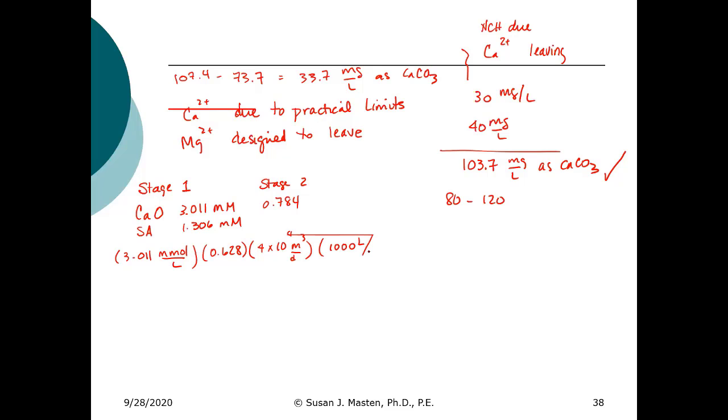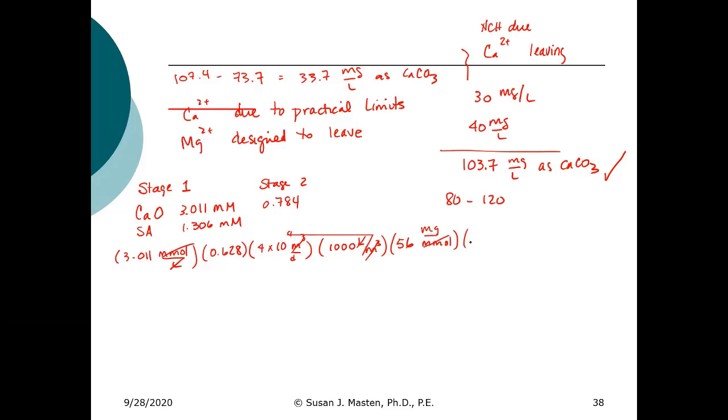1,000 liters per cubic meter. So liters cancel, meters cubed cancel. We'll multiply by the molecular weight of calcium oxide, and typically that's what we will add is calcium oxide. And I've written this as milligrams per millimole. So millimoles cancel.